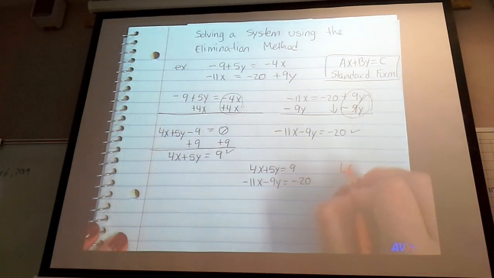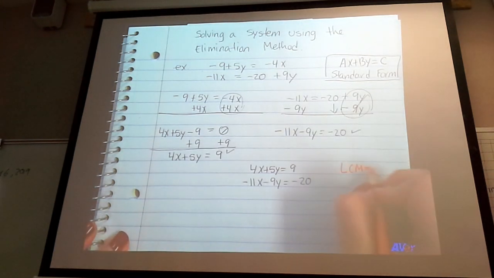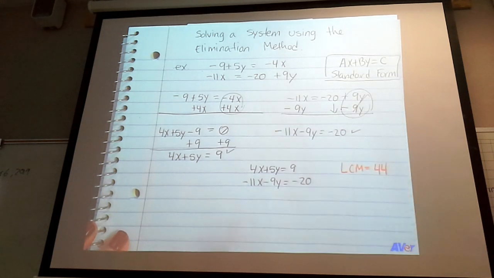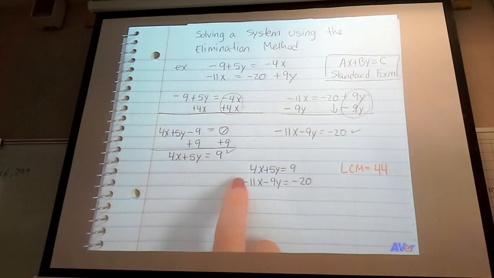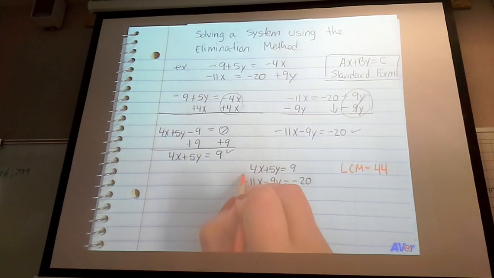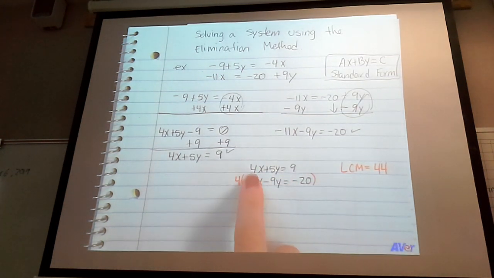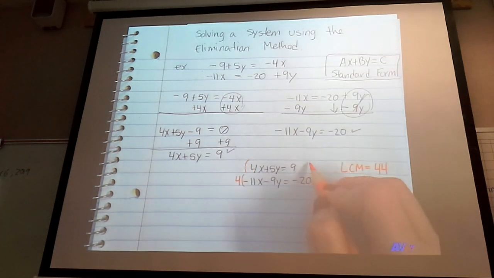And the least common multiple of these is going to be 44. If I turn that into a 44, I need to multiply it by a positive 4. So I'm going to multiply everything by a positive 4. If I need that to be a positive 44, I have to multiply everything by a positive 11.